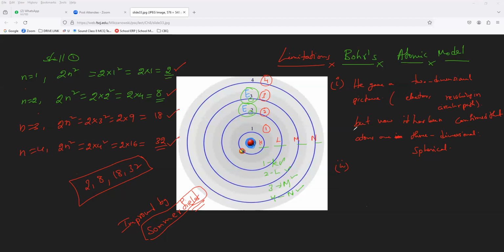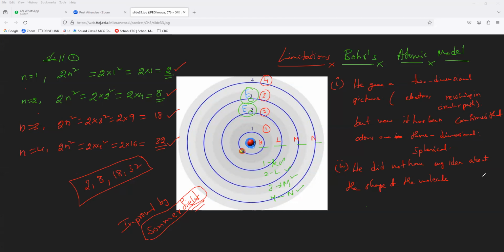So he did not have any idea about the shape of the molecule. He never told anywhere, yes, atoms will be like this, molecules will be like this. He never spoke. So that's why it is a disadvantage.